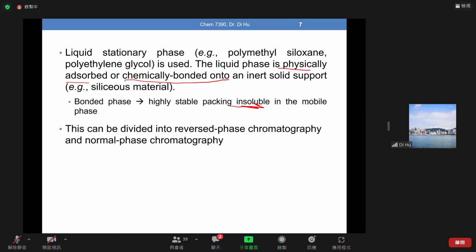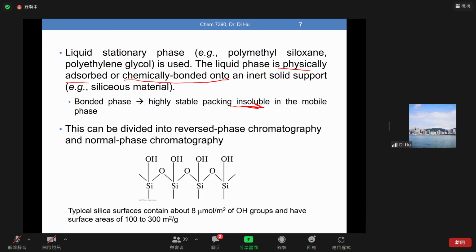The support for the majority of bonded stationary phases is rigid silica or silica-based compositions. These supports are formed by uniform, porous, mechanically stable silica particles.